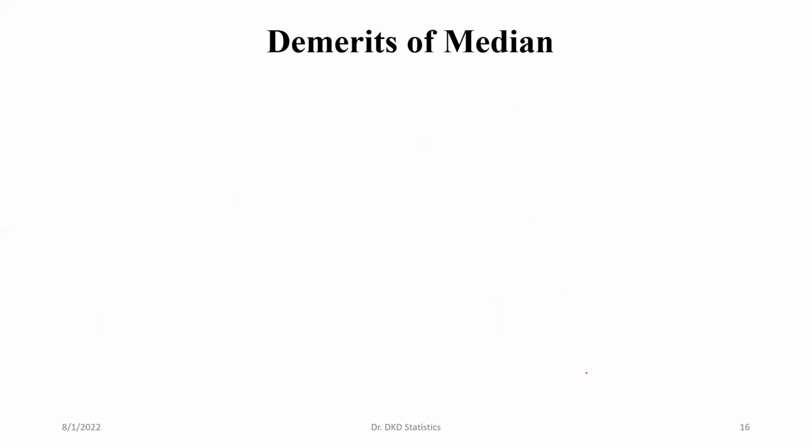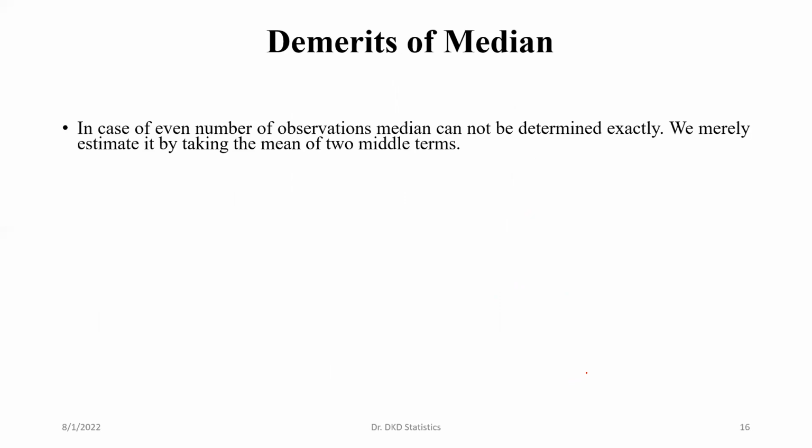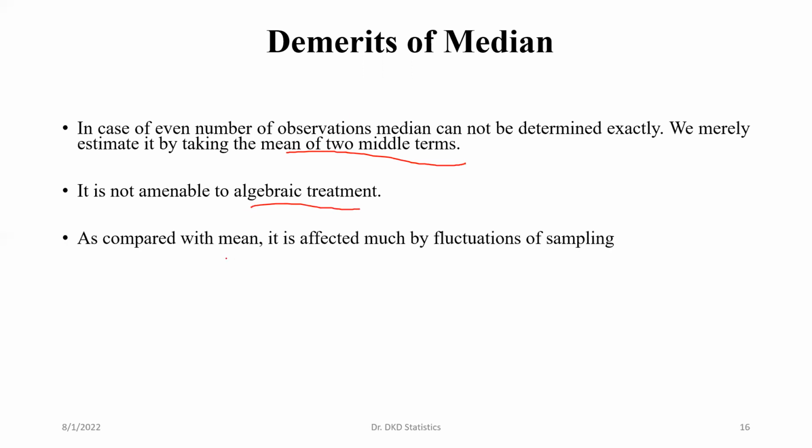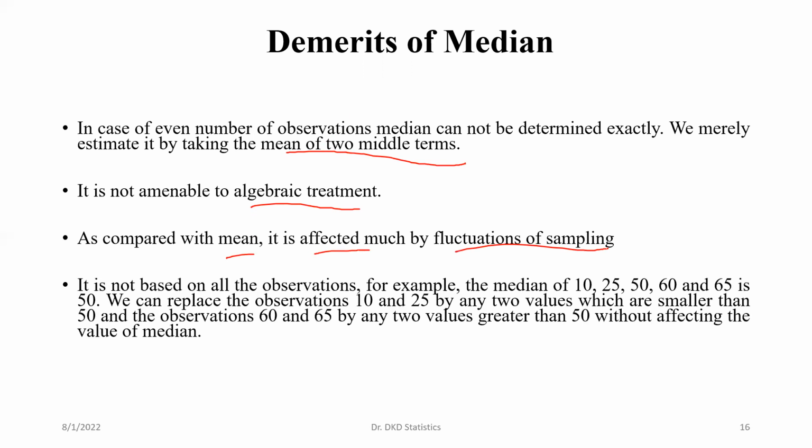And what are the demerits of the median? In case of an even number of observations, the median cannot be determined exactly. We merely estimate it by taking the mean of the two middle terms. It is also not amenable to algebraic treatment. As compared with the mean, it is affected much by fluctuations of sampling, and it is not based on all the observations. For example, the median of 10, 25, 50, 60 and 65 is 50.